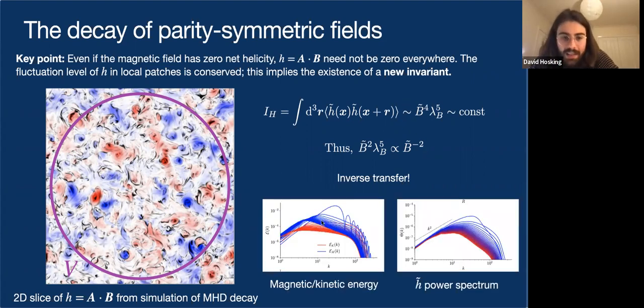And here is some numerical evidence to confirm that this picture is believable. This is the evolution of the magnetic and kinetic energy spectra for this simulation, of which this is a snapshot.